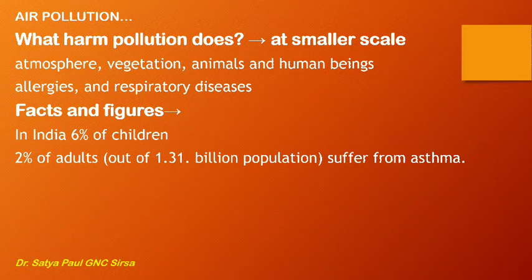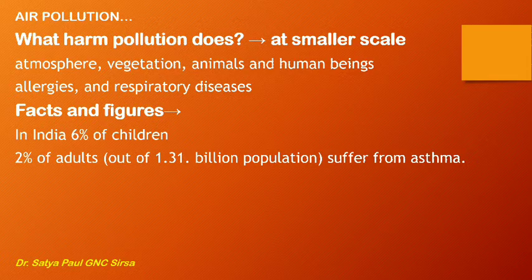One is the standard pronunciation and the other is an acceptable pronunciation. 6% of children, and the Prime Minister often says, my 125 crore, 131 crore countrymen. Out of 131 crore, 6% of the children and 2% of the adults.